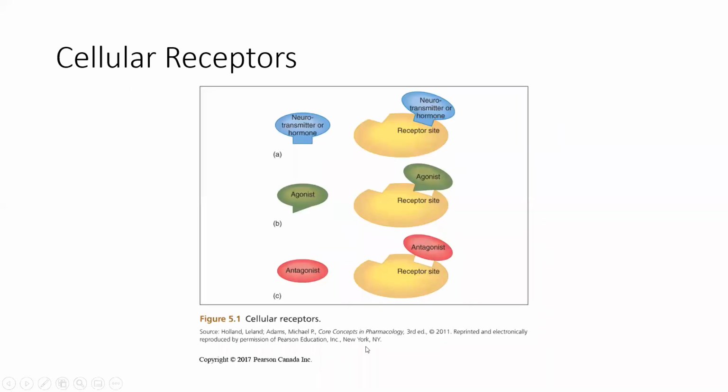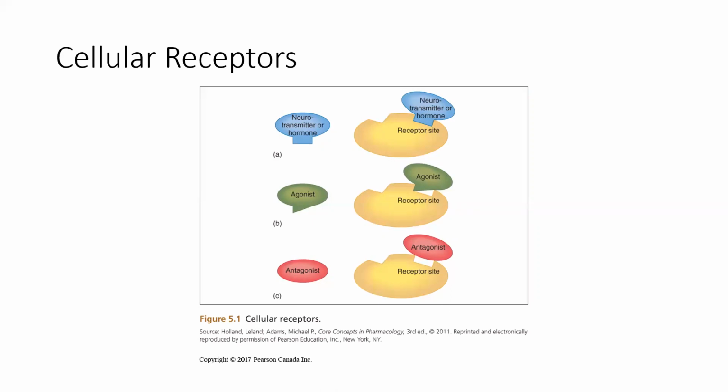Cellular receptors. In this picture, they are showing that we have a neurotransmitter or hormone, and there is a receptor site. It's going to go in. There is a particular space. It's a lock and key hypothesis, like every lock has dimensions for a particular key to go in. So all the receptor sites have particular shapes to take particular molecules into them.